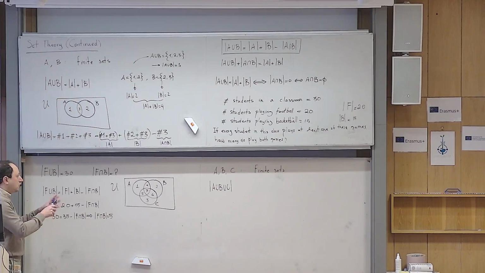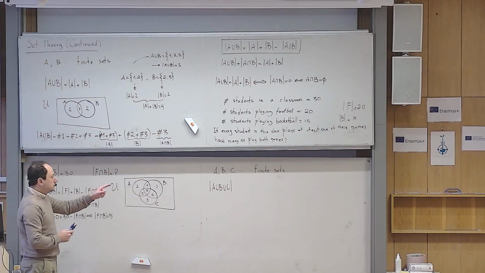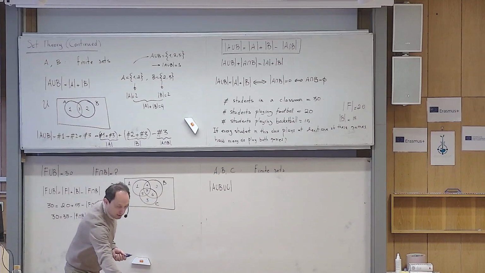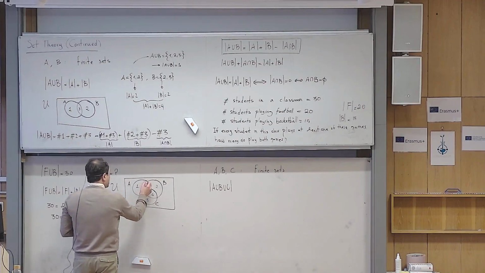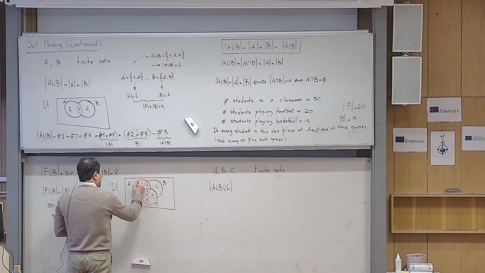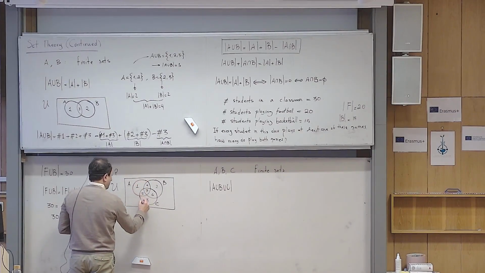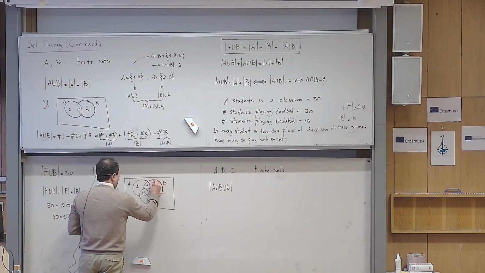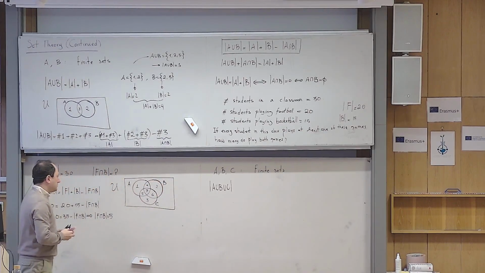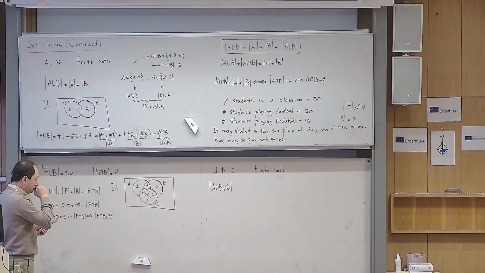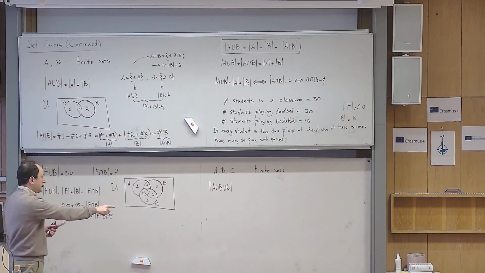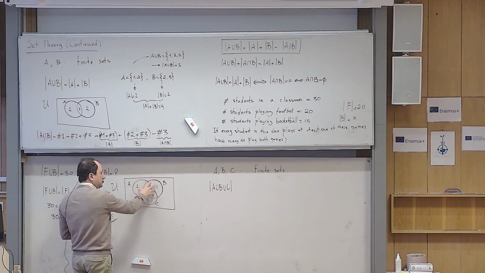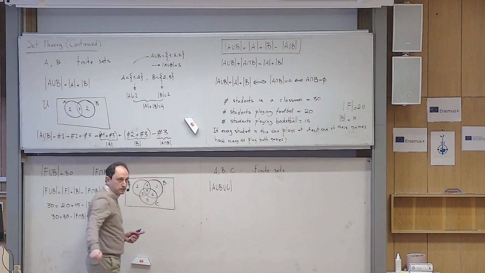So they don't have any overlaps in the way that I have named them. And then A union B union C is whatever is inside this red border. Do you agree? So the number of elements within the red border is the answer to this.